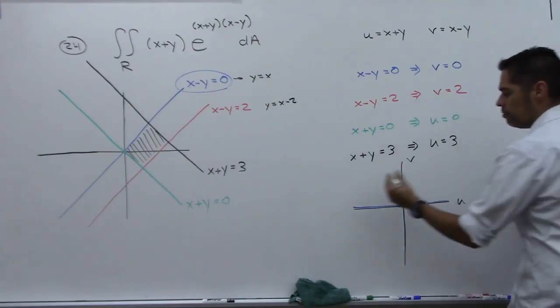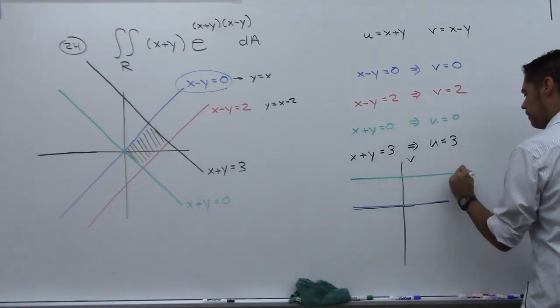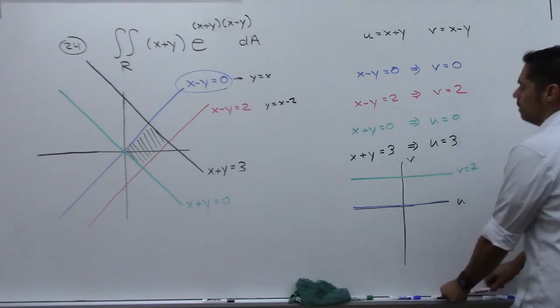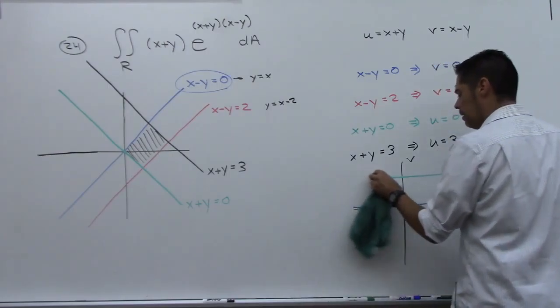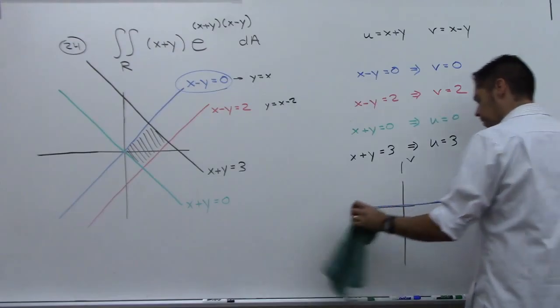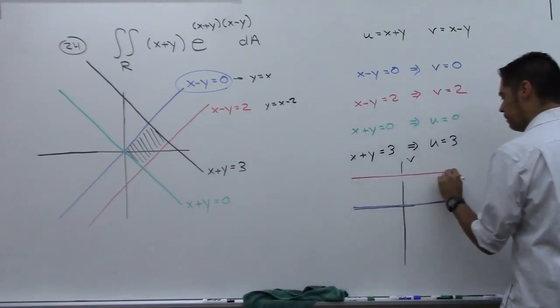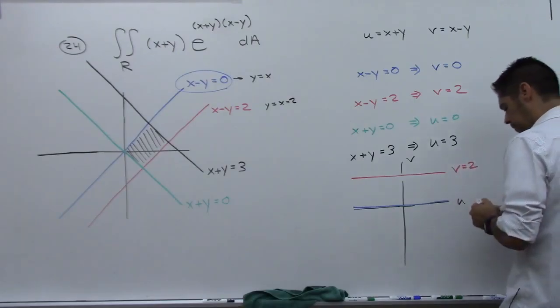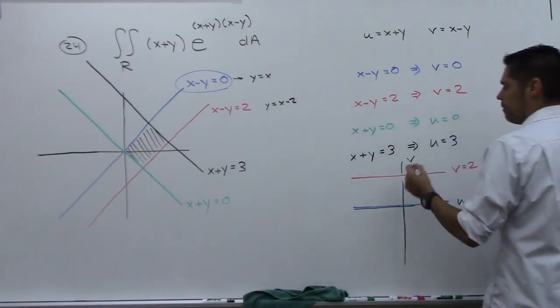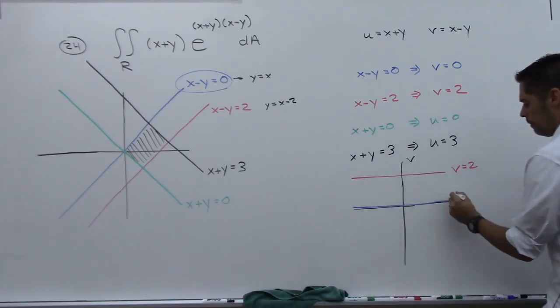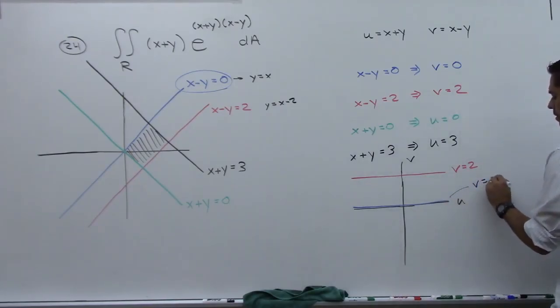v is 2. Why did I draw that in red, green? Things were going well. v is 2. This blue one here was v is 0.